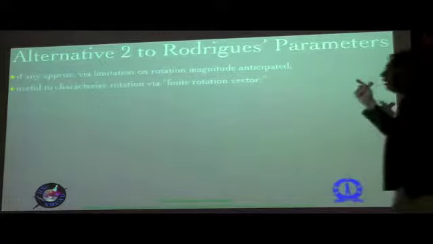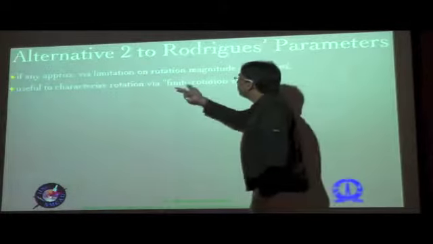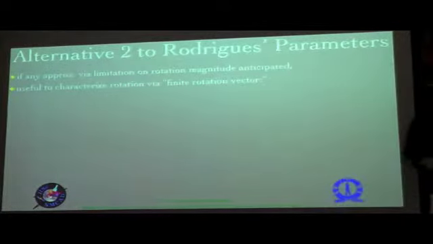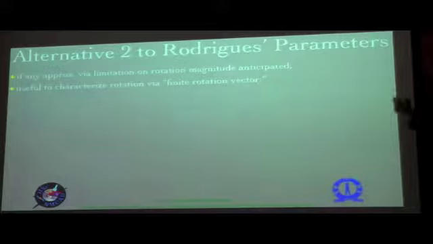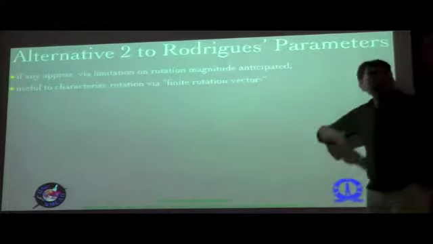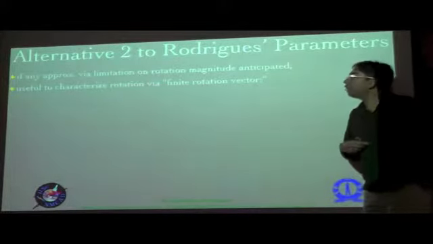So it's useful to characterize rotations via the so-called finite rotation vector. What we already talked about is the infinitesimal rotation vector. In this, the Rodriguez parameter reduces to the infinitesimal rotation vector.